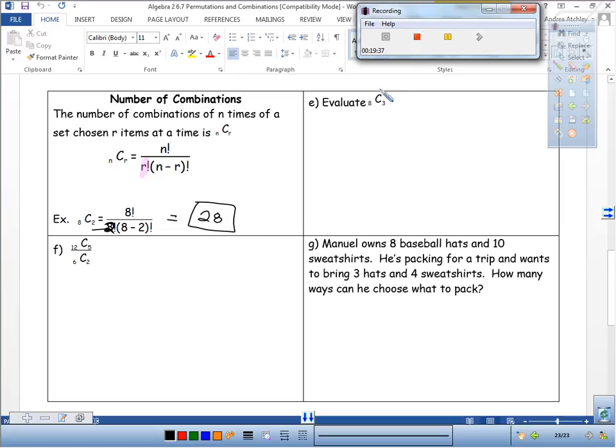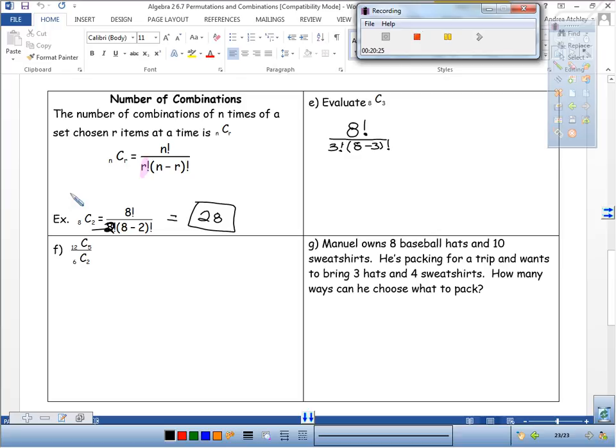Okay, so let's see how this works if we don't have a fancy calculator. Okay, and then it's the 8 minus 3 factorial here.